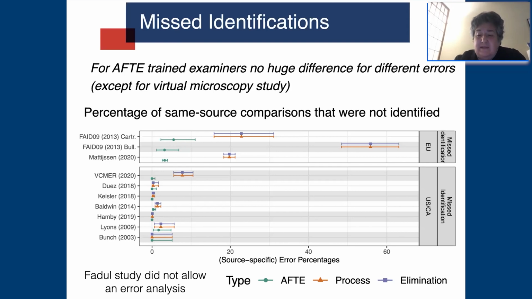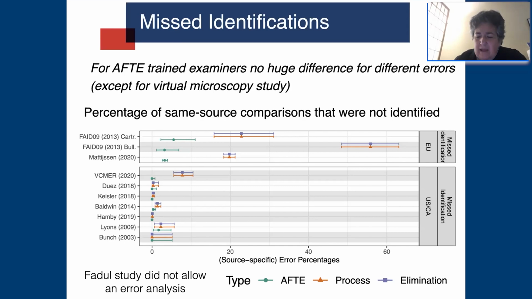So here we can see that counting inconclusives as eliminations goes along with the process error. Here we're looking at the percentages of same source comparisons that were not identified as such. And you can see that for the US and Canada, for those firearms examiners, this is not a huge, so the error percentages are all relatively small, except for the virtual comparison, where there were more inconclusives.